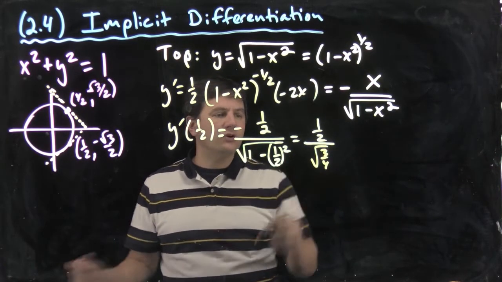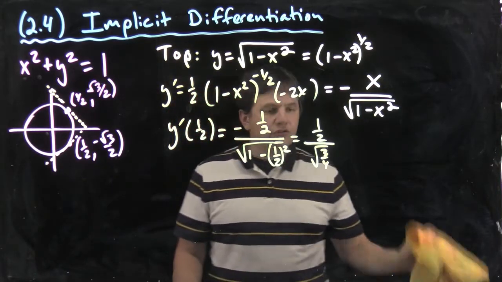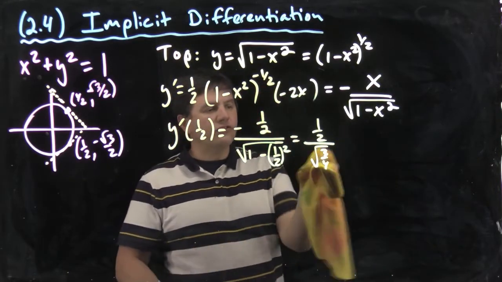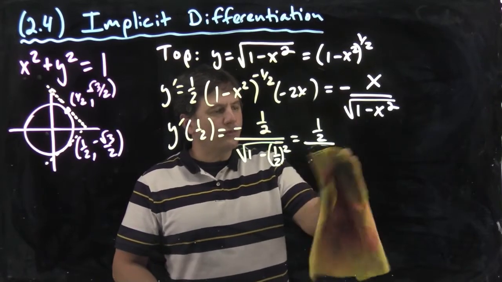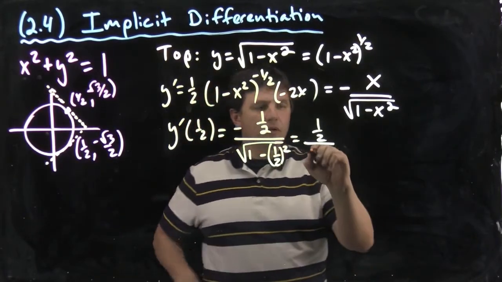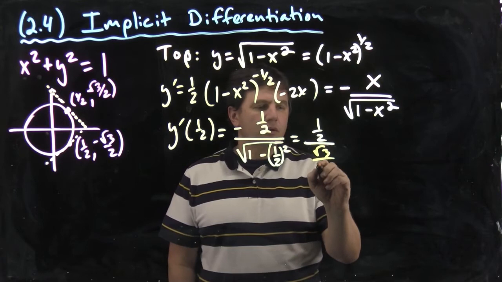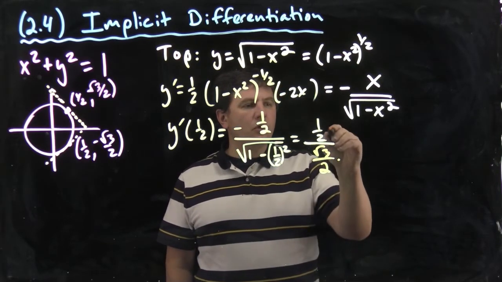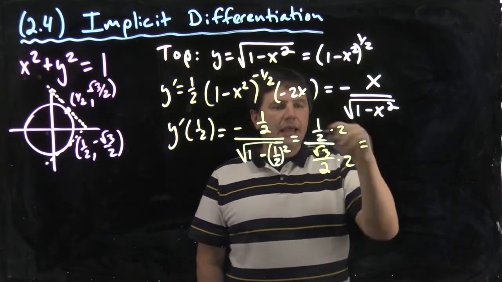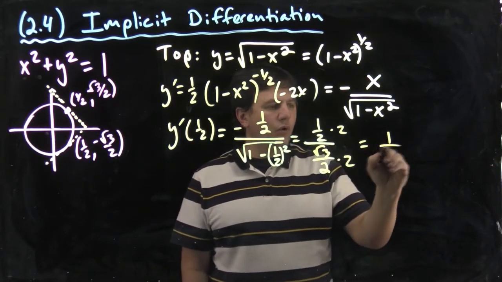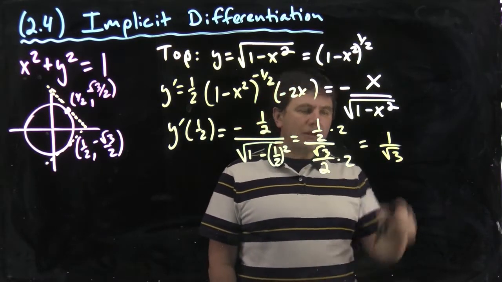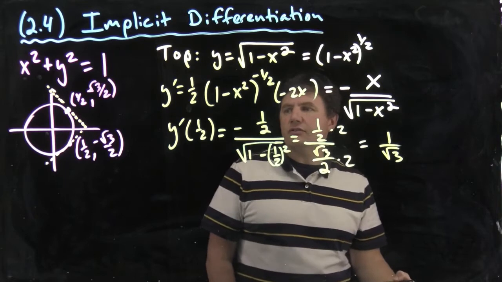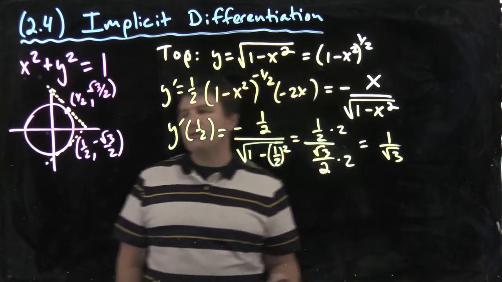Now, let me point out to you that radical 3/4 is radical 3 over 2 because, of course, the square root of 4 is 2. And now we can multiply top and bottom by 2, and I get 1 over radical 3. I don't care if you rationalize this. Leaving this slope as 1 over radical 3 is perfectly fine with me.